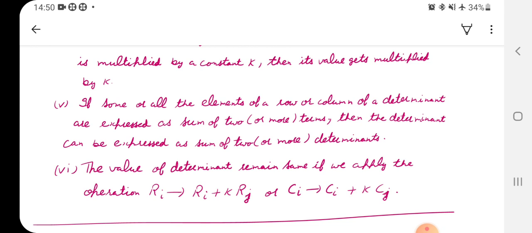And the last, sixth property, states that the value of the determinant remains the same if we apply any elementary operation Ri to Ri plus k Rj, or Ci to Ci plus k Cj. That means if we apply such an elementary operation on a row or column, the value of the determinant will remain the same.